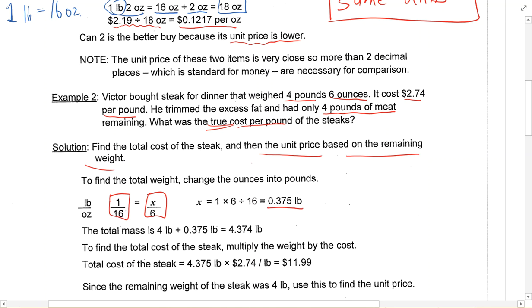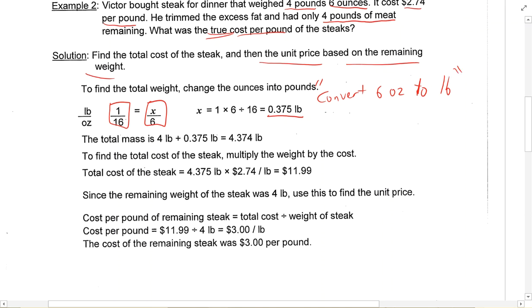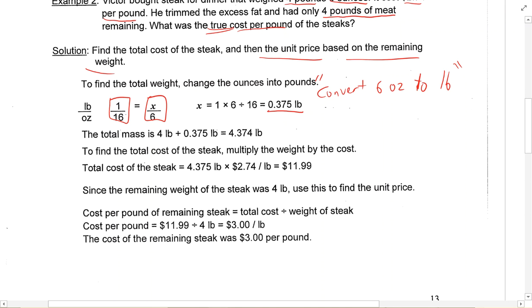What you can do is type into Google, convert 6 ounces OZ to pounds LB, and you'll get the answer. So now we're working with decimals, which you usually don't do for pounds, but we are. So we add them together, and we have 4.375 pounds.